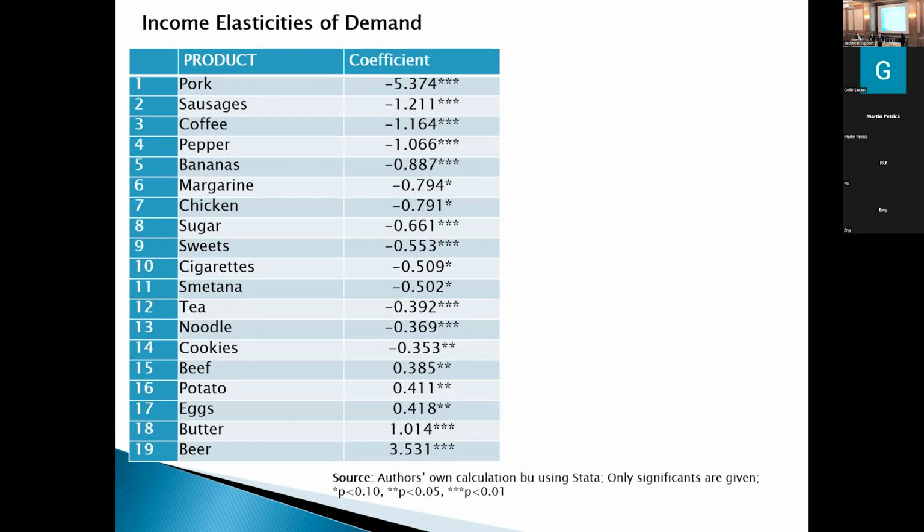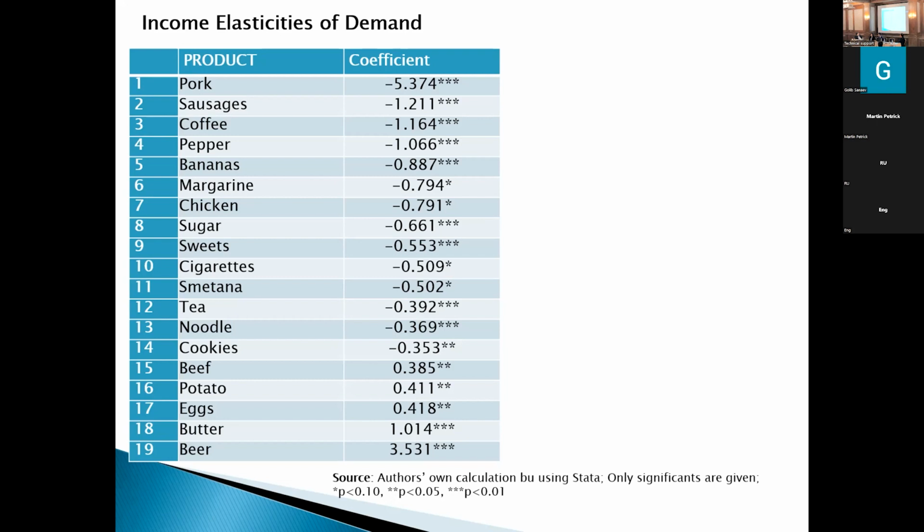And here we can see that only 19 goods are inferior goods, and out of them, 14 are inferior goods. You can see from the list that these goods go from the first to the 14th. I have ranked these coefficients according to importance.